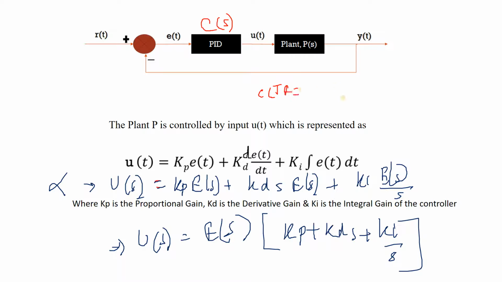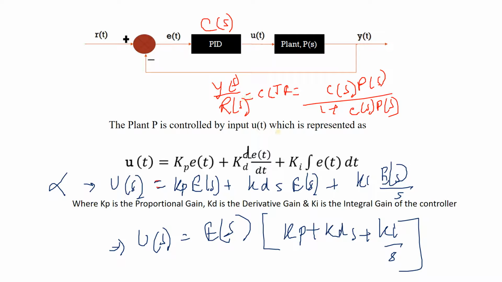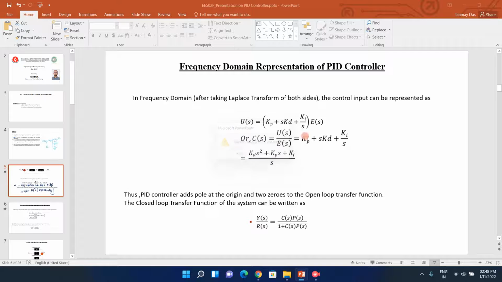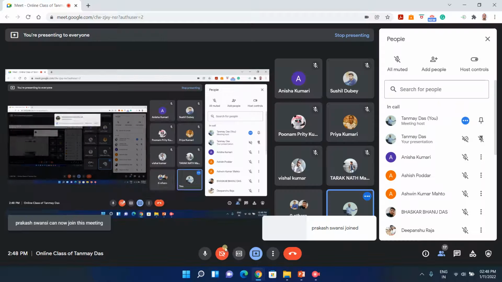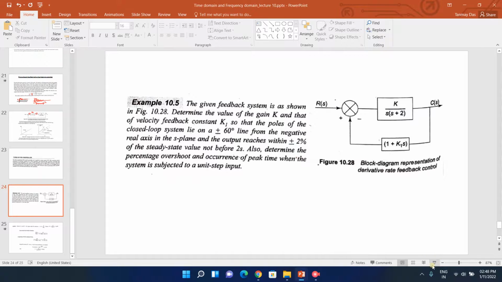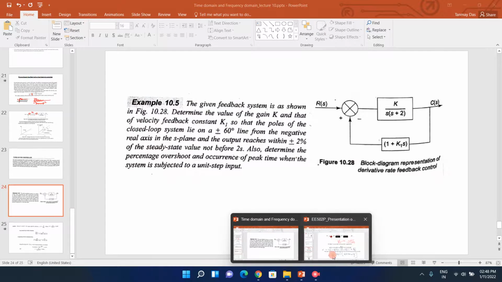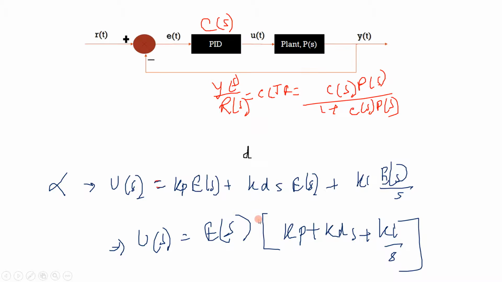So now for the closed loop transfer function, what is the forward path transfer function G(s)? C(s) into P(s) by 1 plus C(s) into P(s), which is nothing but Y(s) by R(s), isn't it? Feedback is 1, unity feedback.